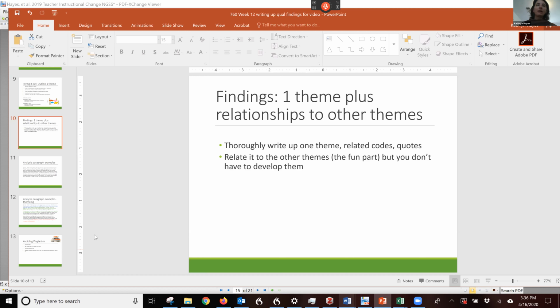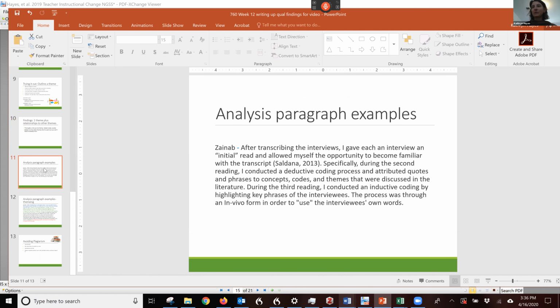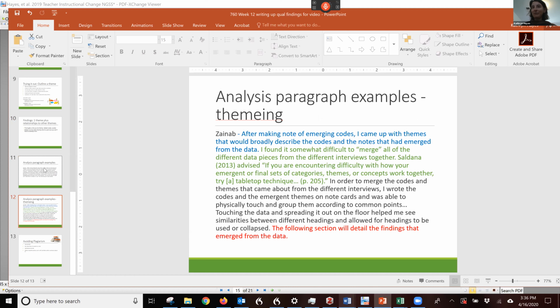I'm going to skip the part on writing your analysis paragraphs. You can look at these slides if you would like to see some example paragraphs for an analysis paragraph. You can pause them and read them.